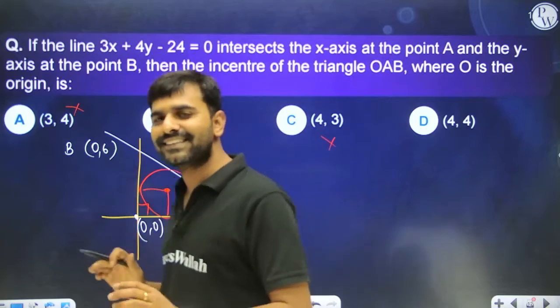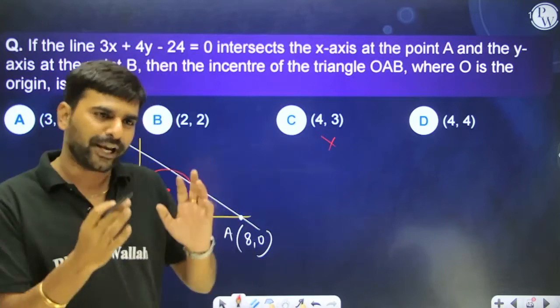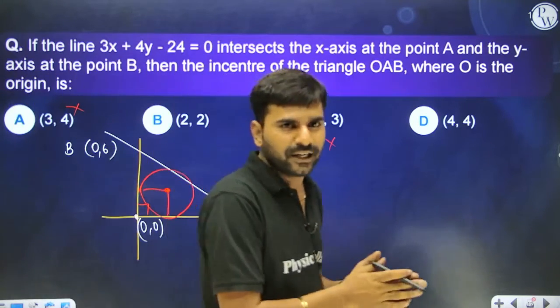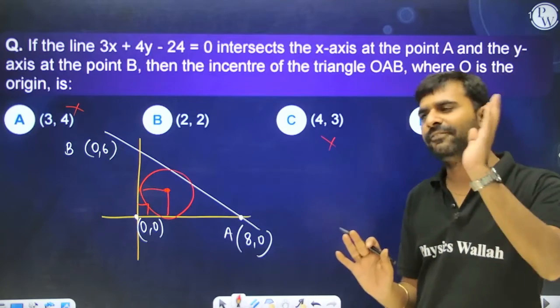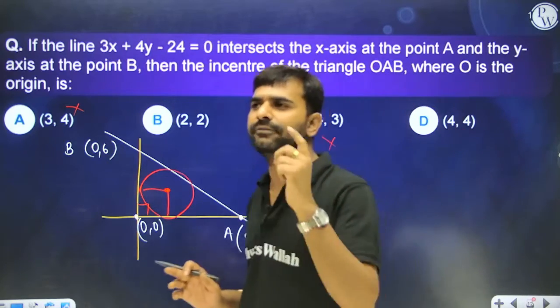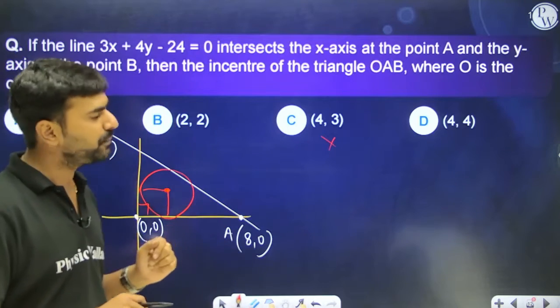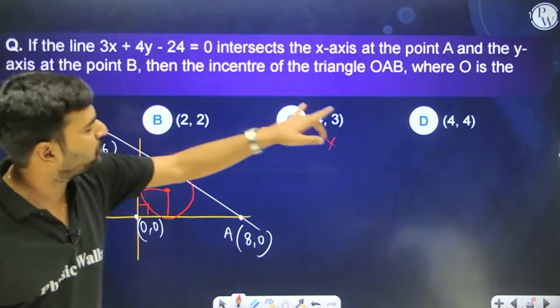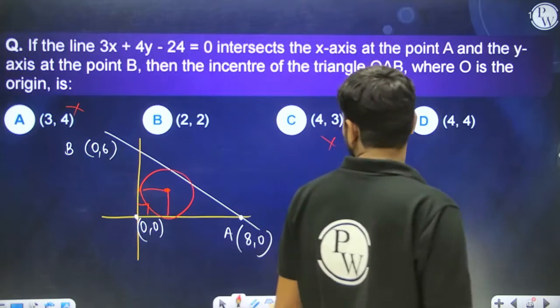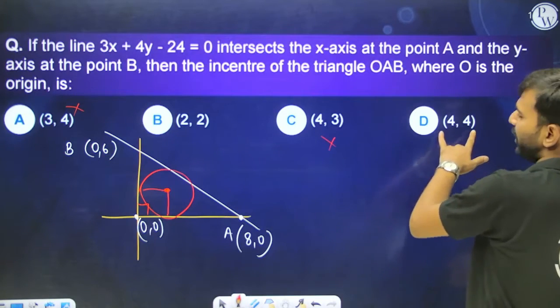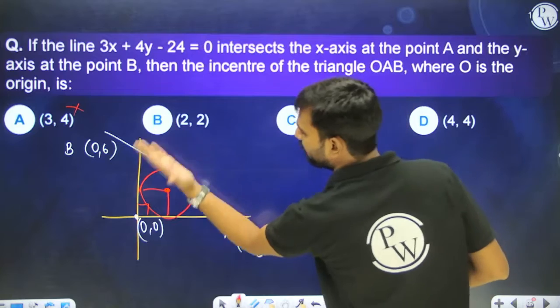You will learn this in circles, but I hope you have already cleared class 11, so you have an idea that if a circle is touching both the coordinate axes in the first quadrant, then its center is going to be (r, r). Also, for these two options, you can find out whether the point lies above or below the straight line.